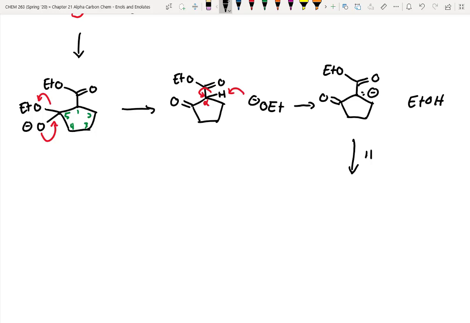And with step 2, we've got this methyl iodide. And the methyl iodide can now alkylate that alpha carbon with the negative charge. So we can go ahead and draw this in.